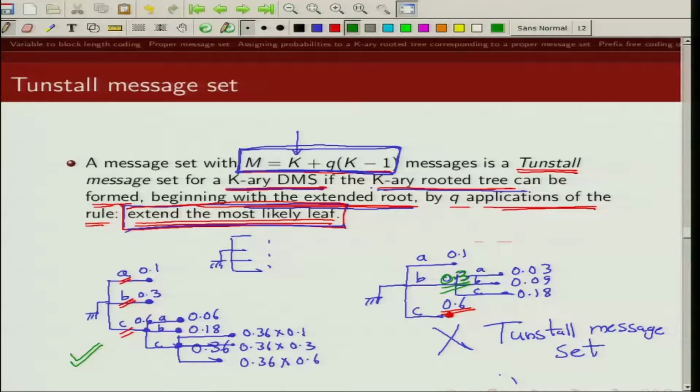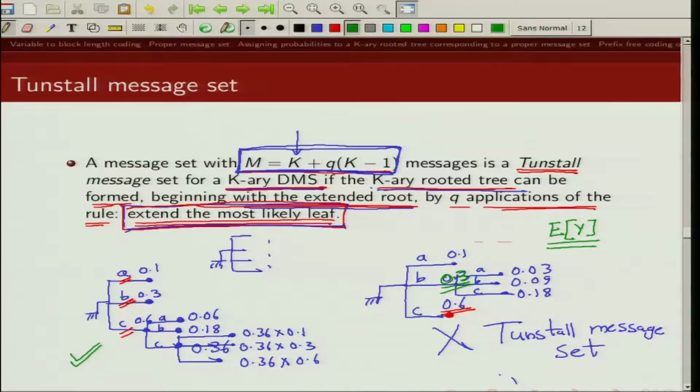Now you can see easily why a Tunstall message set maximizes the expected value of Y, because that's our objective. We want to parse a message in a fashion which would maximize the expected value of Y. Now what is the expected value of Y?